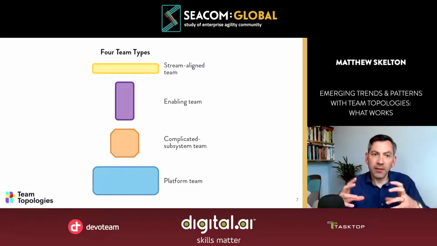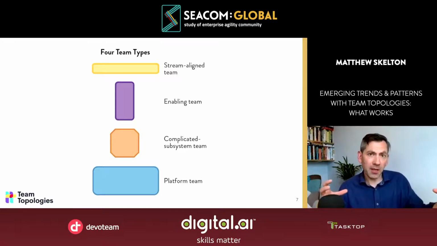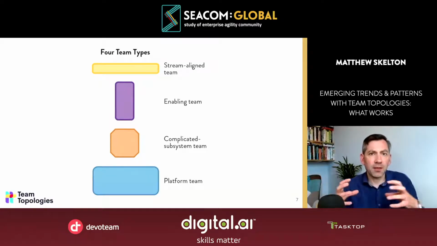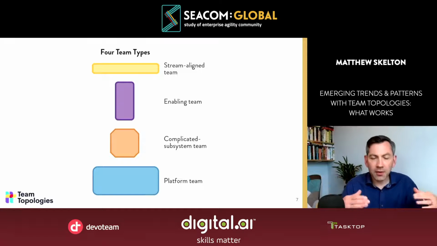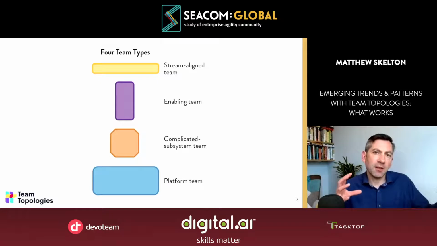But if a streamlined team takes on too much stuff in order to remain independent, eventually it takes on so much that it starts to slow down delivery because they're having to worry about lots of undifferentiated lower level aspects, things like infrastructure or data or security, things which are not really related to the business domain.